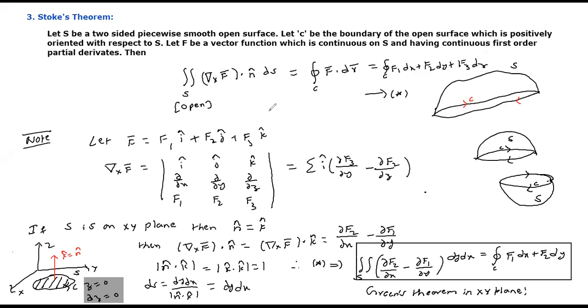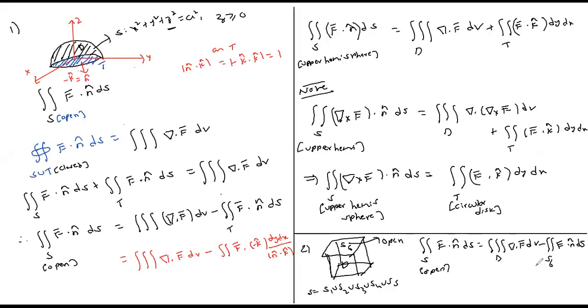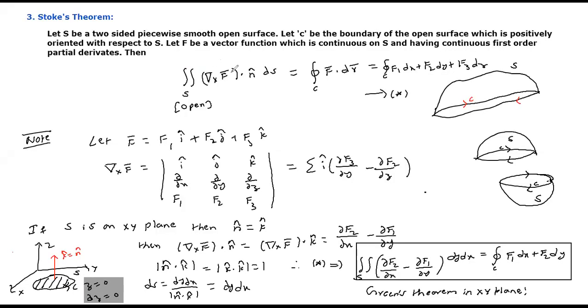Divergence of curl f bar is 0, and the triple integral of 0 is 0. So please don't get confused by the notation. Just by looking at this form of the integral, don't apply Stokes theorem. You have to apply Stokes theorem only when you are sure that the surface is an open surface. In the next session, we'll verify Stokes theorem.